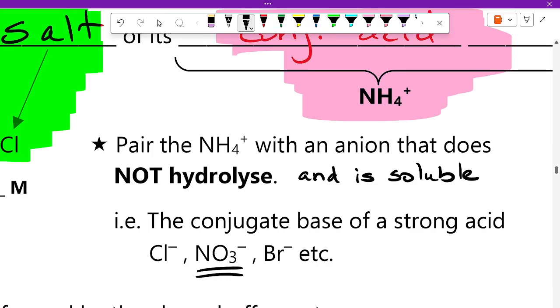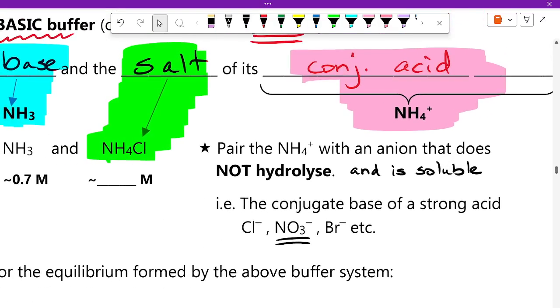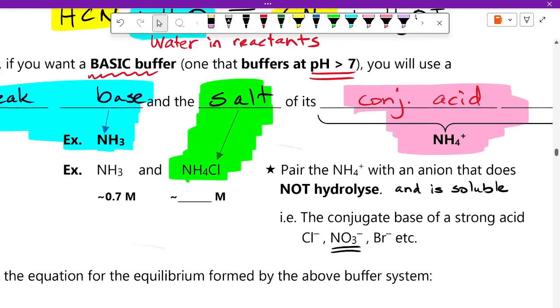Chloride and bromide, their conjugate acids are strong, so they are also good choices. There's no solubility issues with them unless you're working with silver or lead. But nitrate is always a good fallback because we know it doesn't react with or precipitate with anything. But chloride and bromide are pretty darn soluble with most things. Here I've used NH4Cl. That's fine.